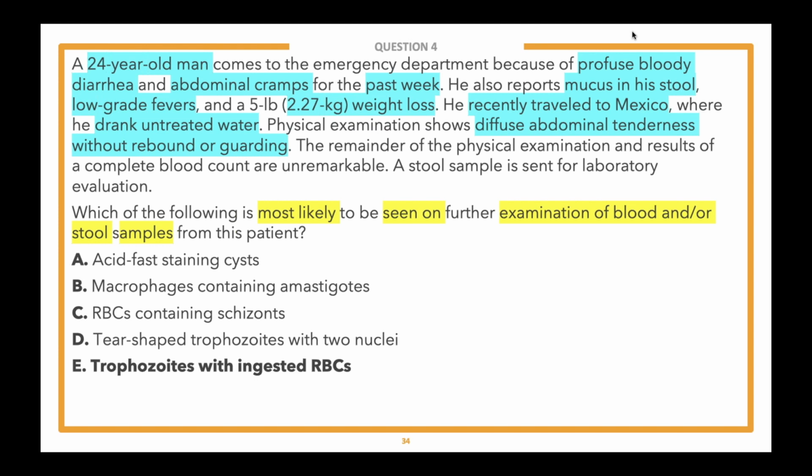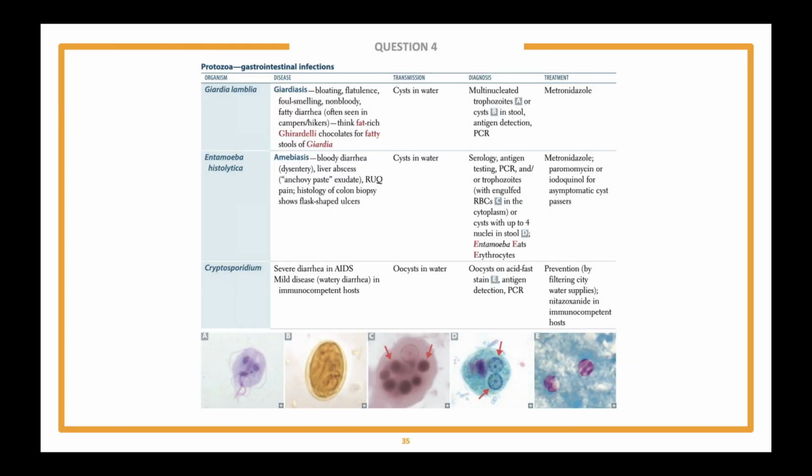And on the next slide, Sean has gone ahead and pulled up a table looking at some of the GI protozoal infections. You can see there, looking at Entamoeba histolytica, bloody diarrhea. You can also have right upper quadrant pain. And then when you look at Giardia, it's more flatulent, more foul-smelling, fatty diarrhea that's non-bloody.